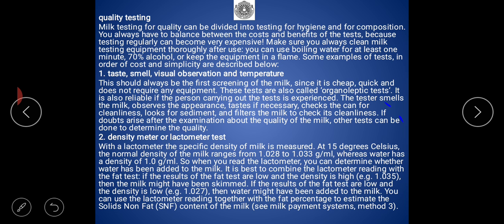You can use the lactometer reading together with the fat percentage to estimate the solids non-fat, that is SNF, content of the milk, which is used in milk payment system methods, etc.